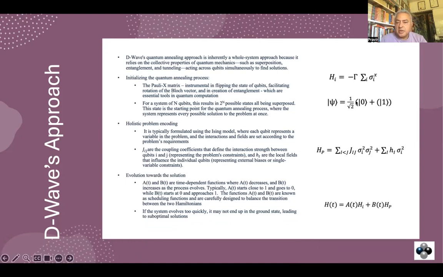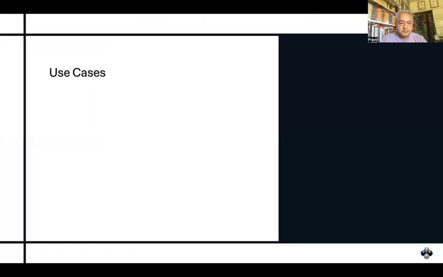It starts from the initial Hamiltonian, represented by H_I here, and you get toward the final Hamiltonian, but it takes place through a scheduling function where A(t) decreases and B(t) increases as the process evolves. This all has to be maintained at a ground state so that the final state in which the computer ends up represents the optimized solution.